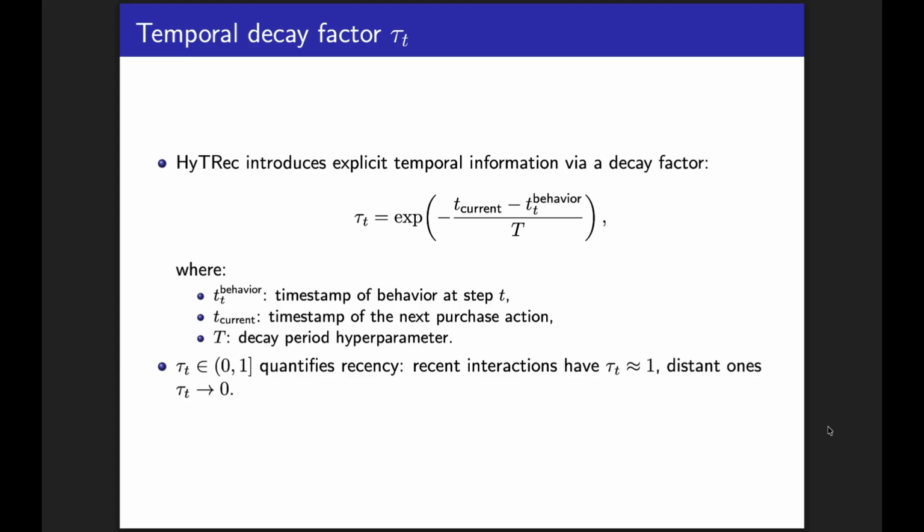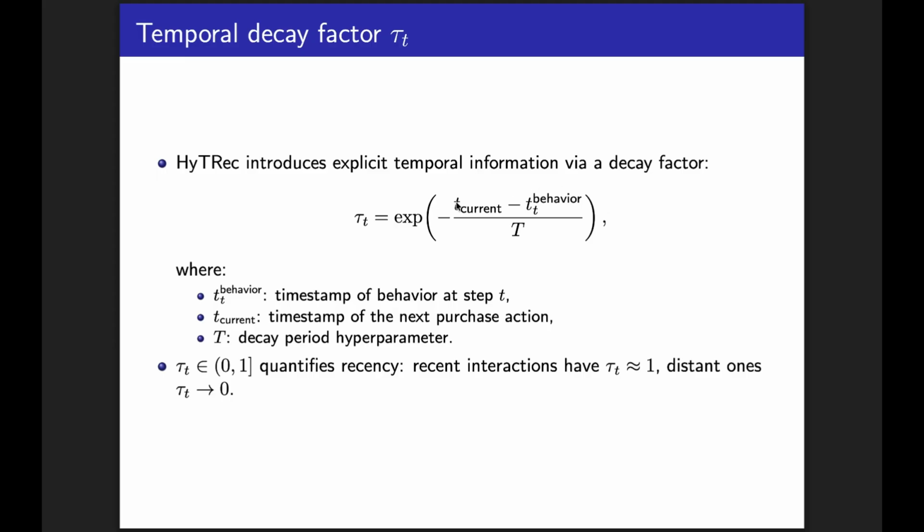What they do is they start with this explicit temporal information encoded through an exponential function. So an exponential function of a negative number is an exponential function that decreases. In this specific case, the value is bounded between 0 and 1.